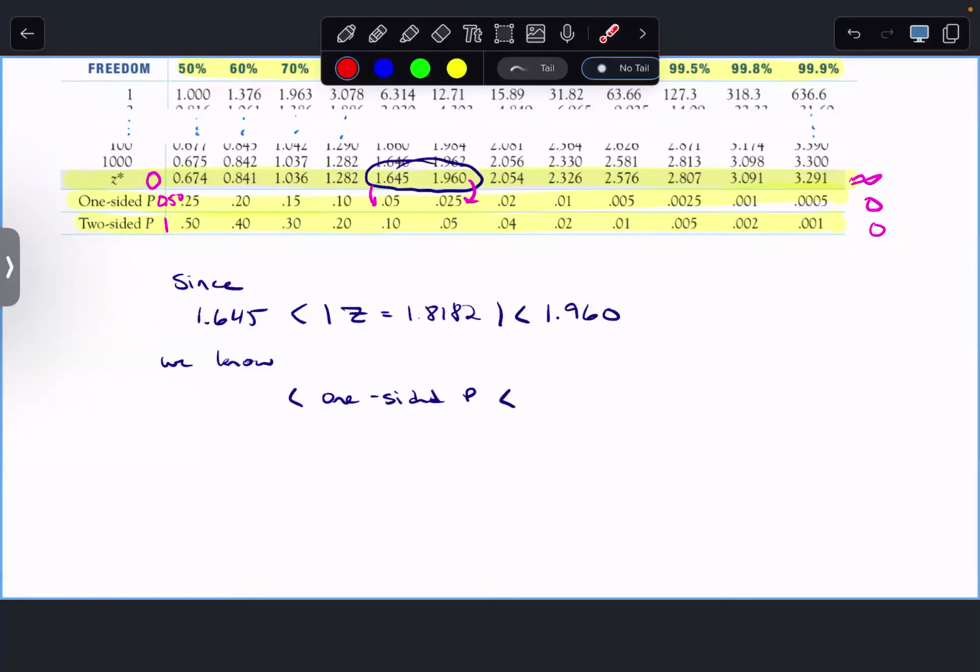It makes it easier if you've sketched it out, but you don't have to. 0.025 and 0.05. Again.